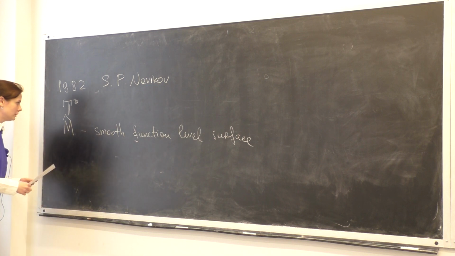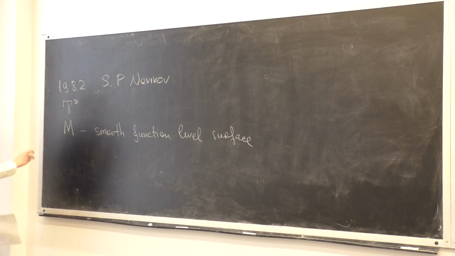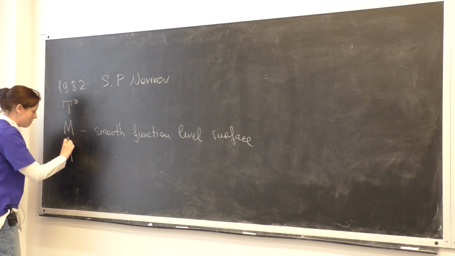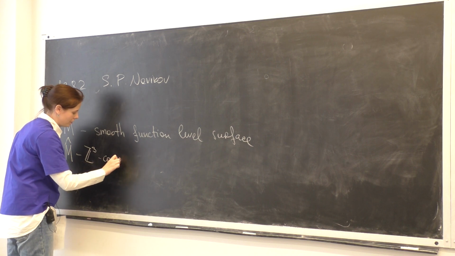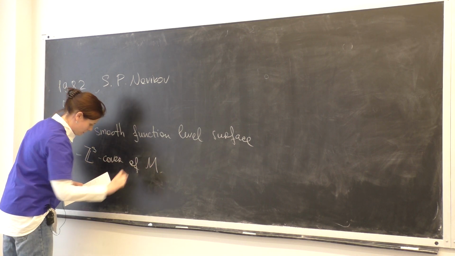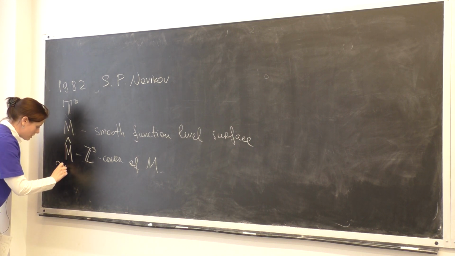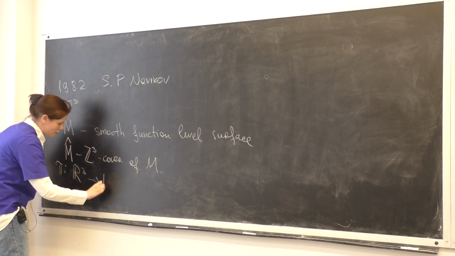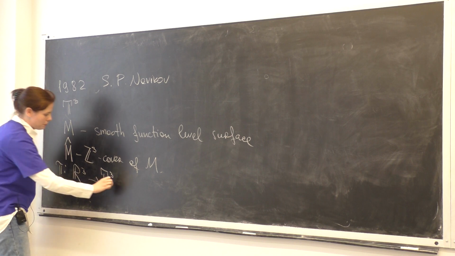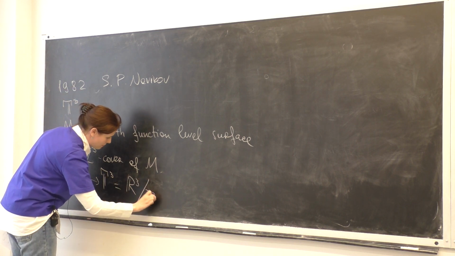I will put a hat on its cover, the cover of M. So this will be a three-periodic surface that lives in R3. And I will need one more construction. It's just a natural projection from R3 to T3 that appears to be a factor of R3 over some lattice.